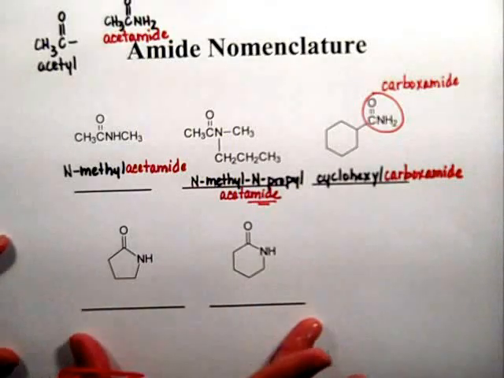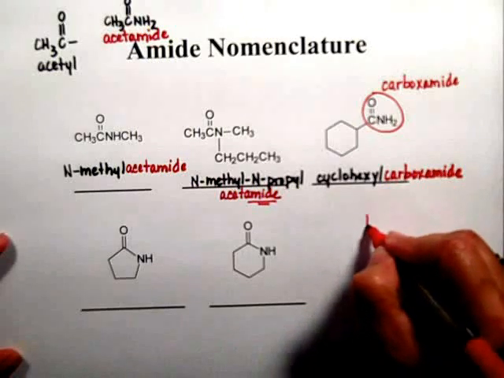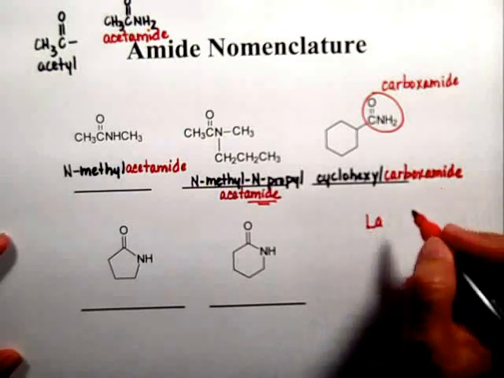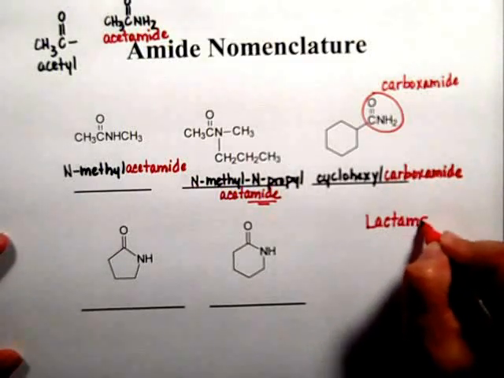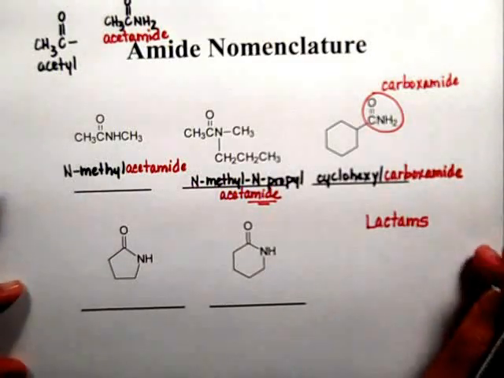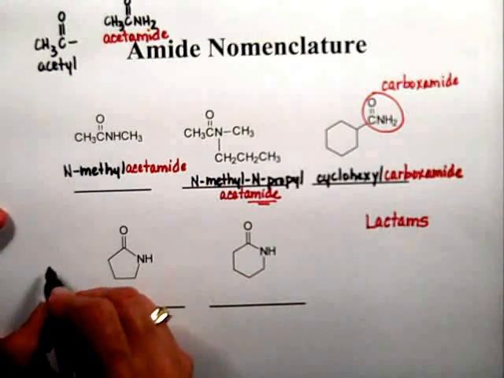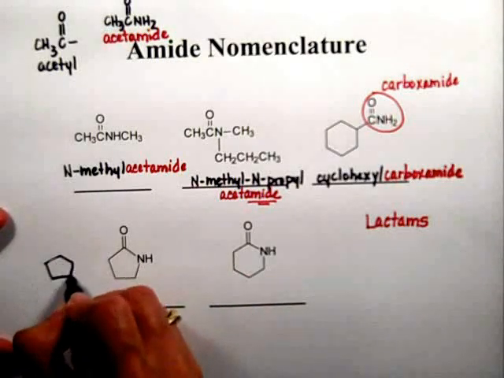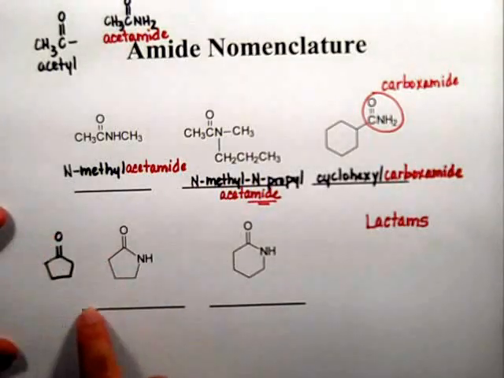Alright, I have two cyclic amides right here. The cyclic amides are commonly known as lactams, the same way that cyclic esters are called lactones. But, interestingly enough, we are going to name the lactam as if we were naming the cyclic ketone.